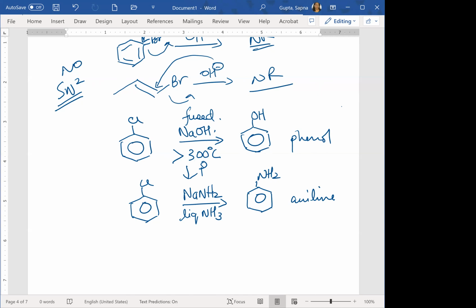The thing about these two reactions is that they're both only industrial, which means you cannot do them in the lab. In the lab, you can't create those kinds of conditions with high temperature and pressure to make phenol.